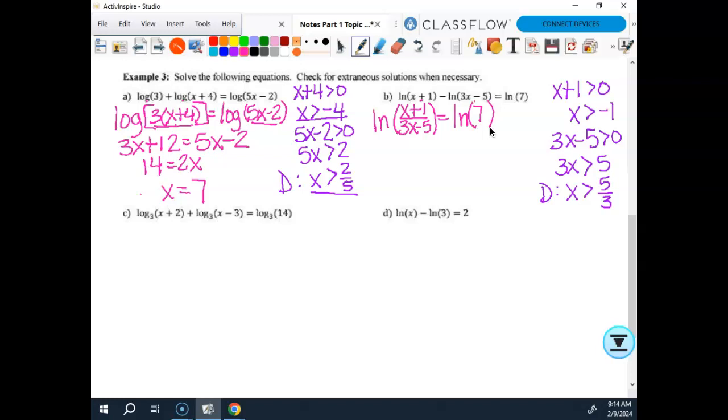I can. And I'm going to get x plus 1 over 3x minus 5 equals 7. Then I can multiply and say x plus 1 is equal to 7 times 3x minus 5. So then x plus 1 equals 21x minus 35.